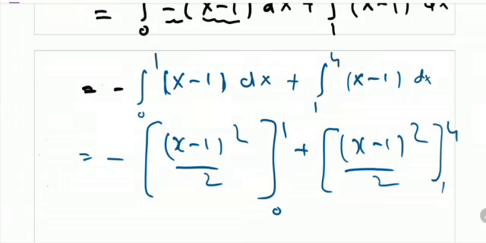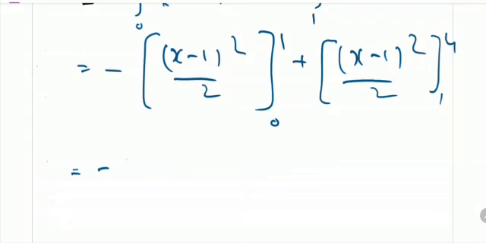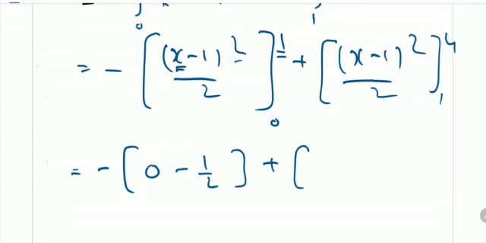We just substitute value of x as 1, upper limit minus lower limit. 1 minus 1 will give me 0, minus, if I put value of x as 0, 0 minus 1 will be minus 1, the whole square will be 1 only, so I get minus 1 by 2. Plus, put value of x as 4, 4 minus 1 will give me 3, 3 square is 9, so I get 9 by 2.